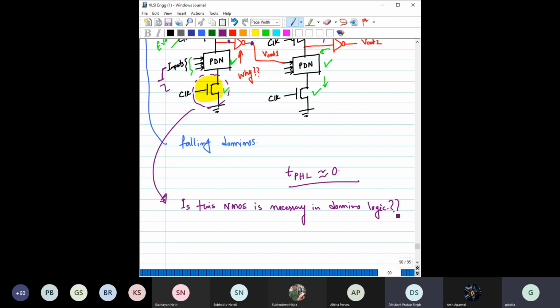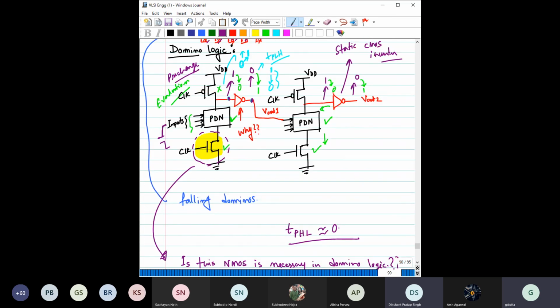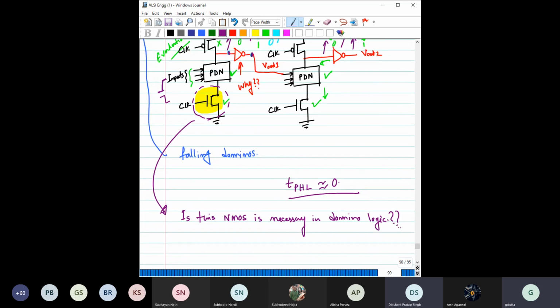Class, please think it over. What is the function this NMOS is performing? Based on that, try to answer this question. Is this NMOS really required in this domino logic? If yes, why? If no, then also why?